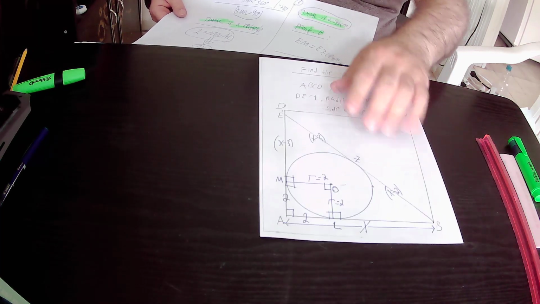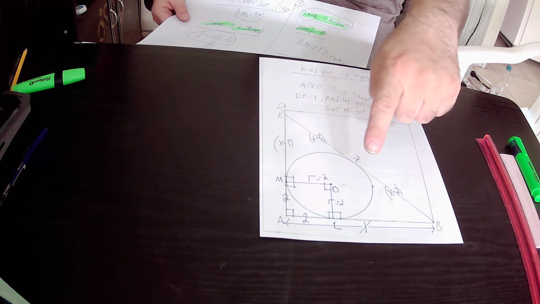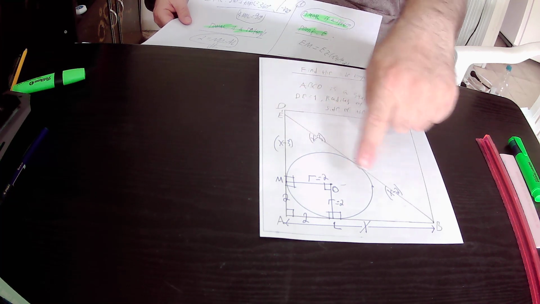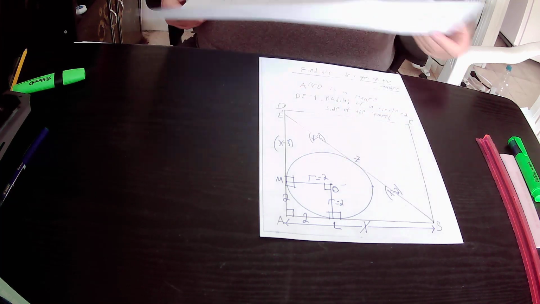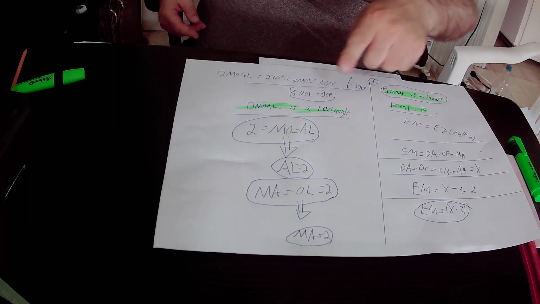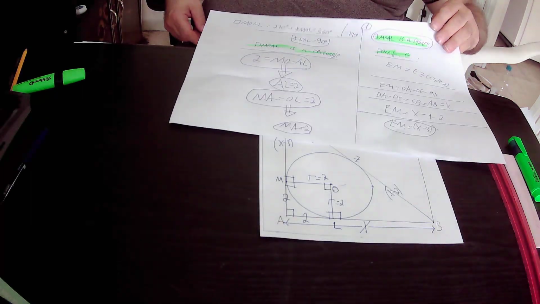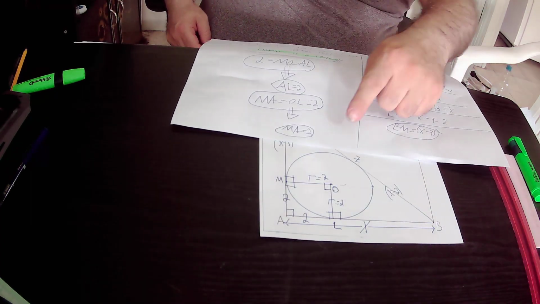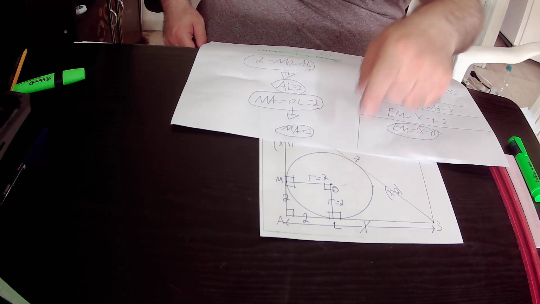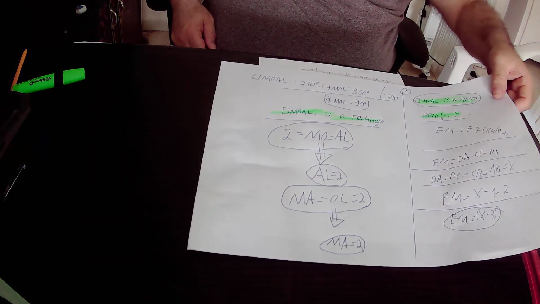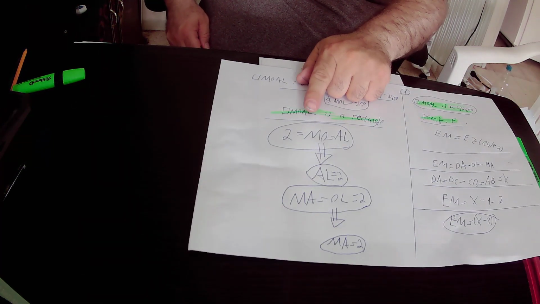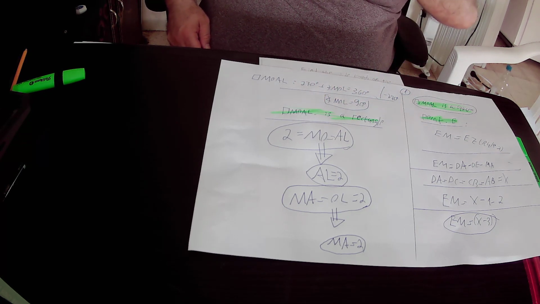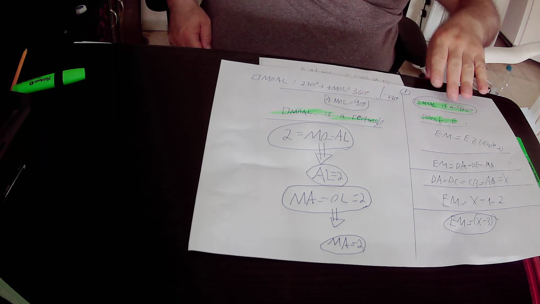So the opposite sides of rectangle MOAL are equal, that is to say MO equals AL. But we have already found out that MO equals 2 units. This is the radius of the circle. So from 2 equals MO equals AL, we derive that AL also equals 2 units.